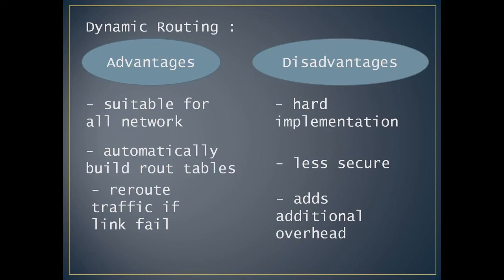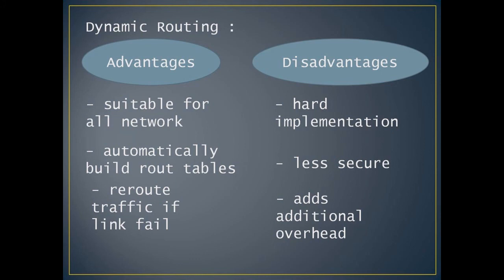But dynamic routing can handle all networks. It is suitable for all networks, and when a network is updated, changed or added, the router will update it automatically. So it is an advantage of dynamic routing.